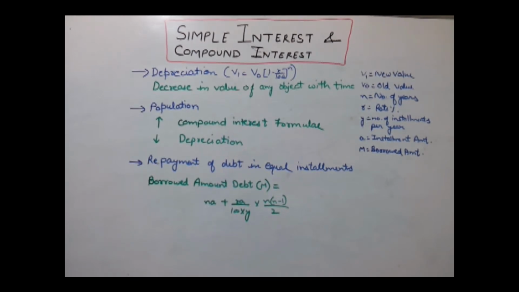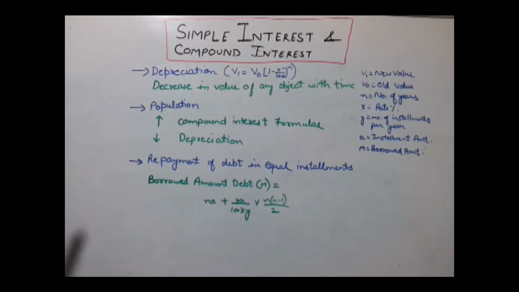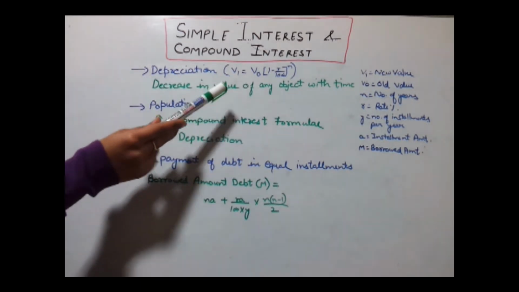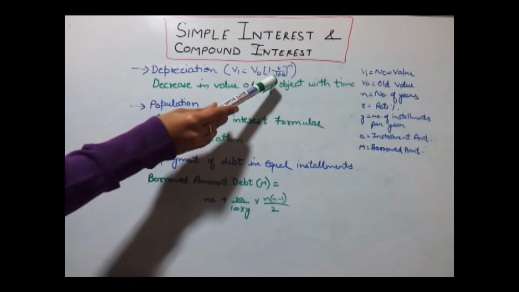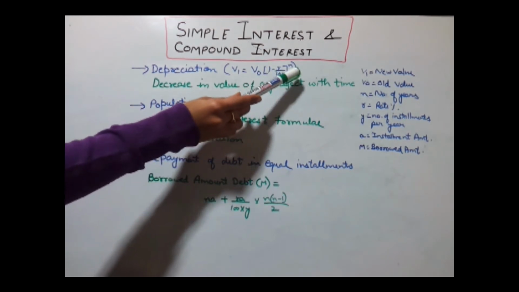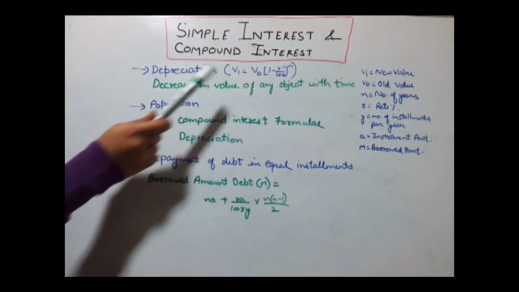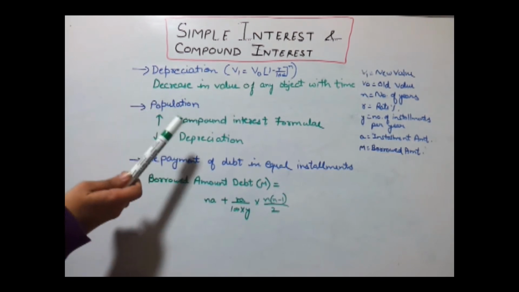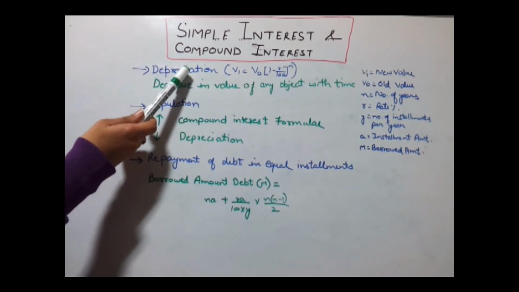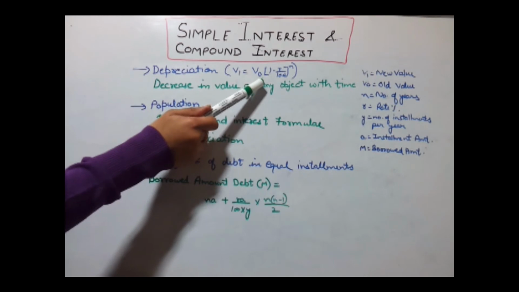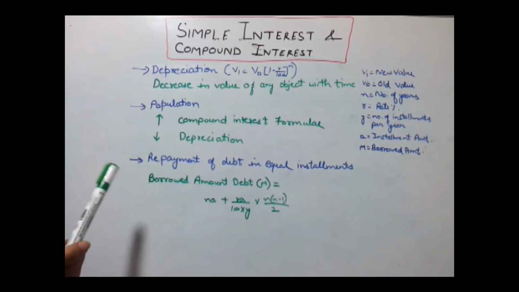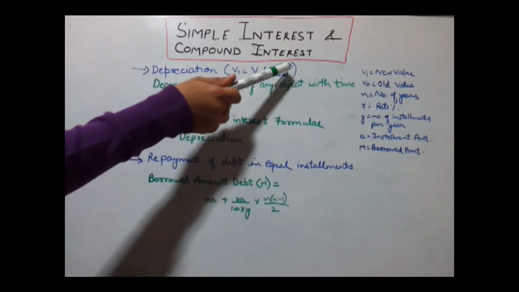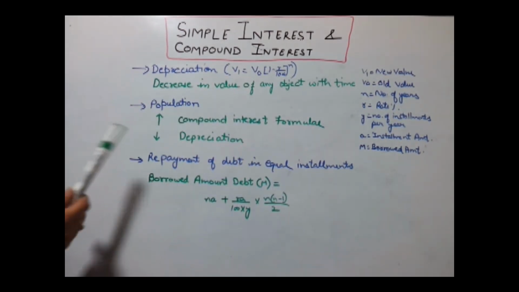Thus, the formula to calculate the actual value after a period of time is V1 equal to V0 into (1 minus R divided by 100) to the power n. Here V1 is the new value which is calculated after depreciating the amount, V0 is the old value, or say original value, R is the rate percent at which its value is decreasing, and n is the time.